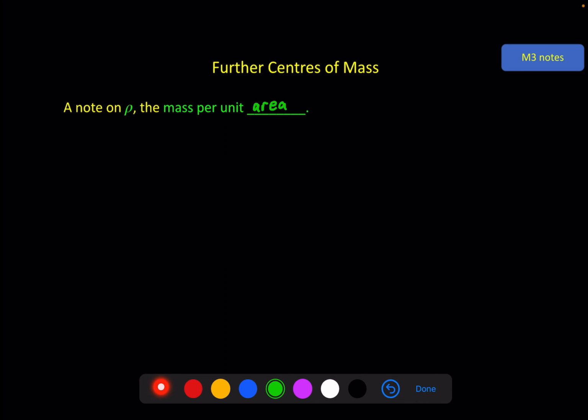And if you think back to what we did in M2, for frameworks, we would also have mass per unit length. And rho represents all three of these in different contexts. So whichever one you need is the one it represents. Here we're talking about laminas, so it's mass per unit area.